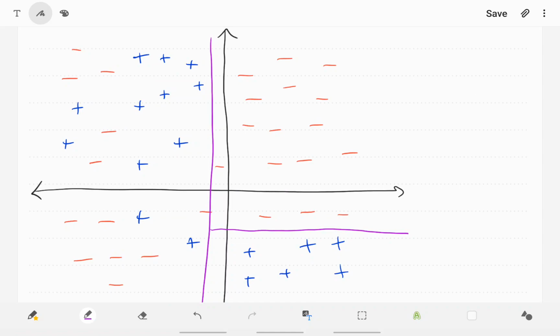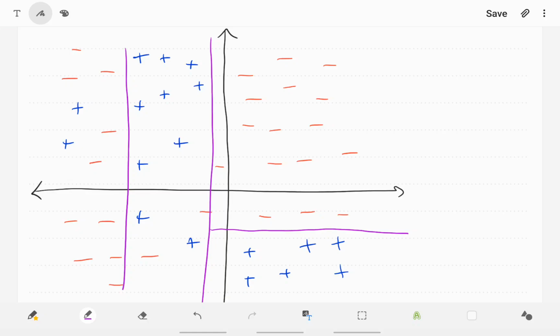So now we might terminate the algorithm because there's unanimity of the class labels on these two rectangles. Then we further might split this left-hand side rectangle down the center. So we would choose to align it with the x-axis.